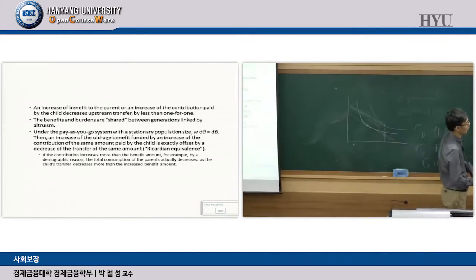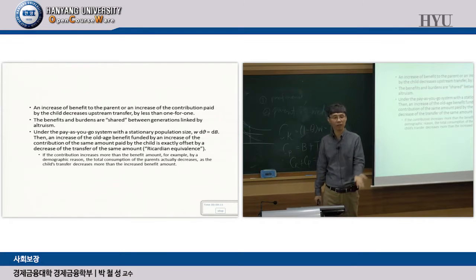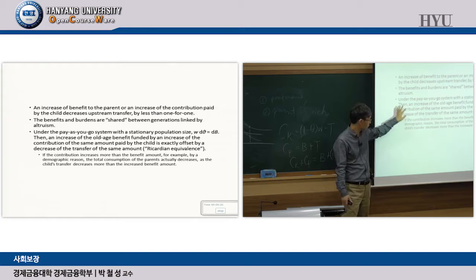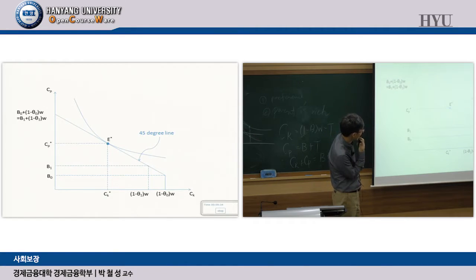So the idea here is that if that's the situation in the pay-as-you-go system, changing the pension amount should not affect the individual's consumption. Okay? So this is the case of Ricardian equivalence.